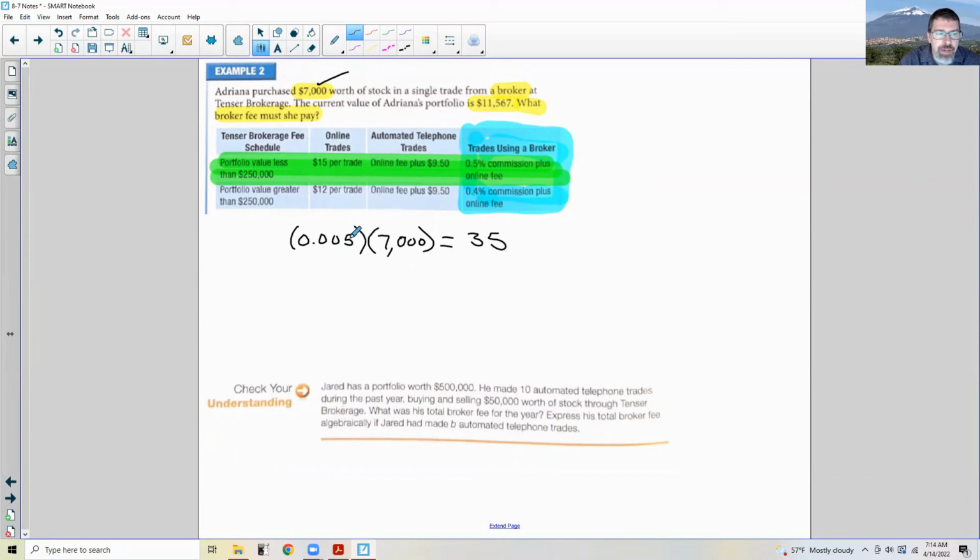So 7 times 5 is 35 with 3 zeros, but there's also 3 decimal places. So it's $35, and then we don't need this zero. So $35 was her fees. Okay. Plus $15.